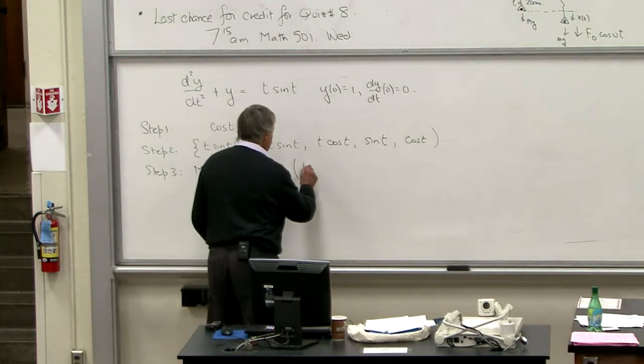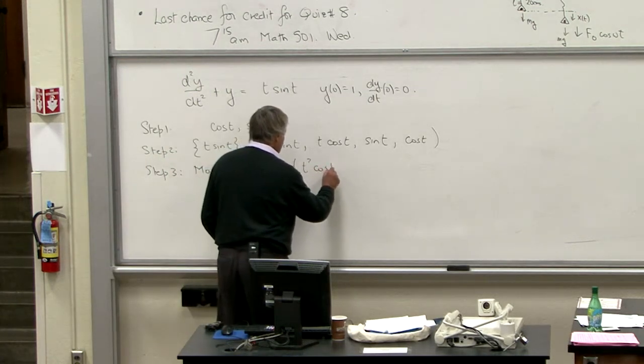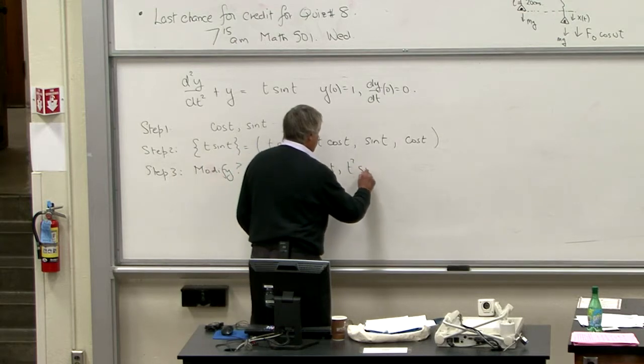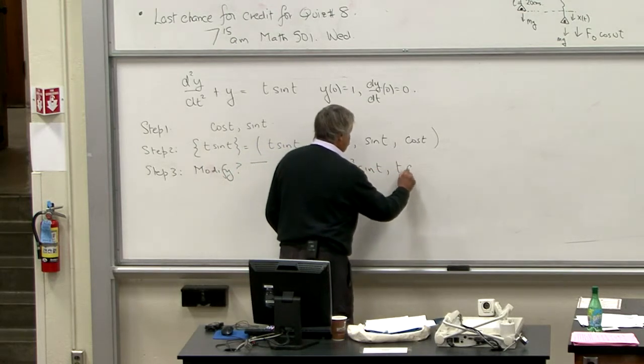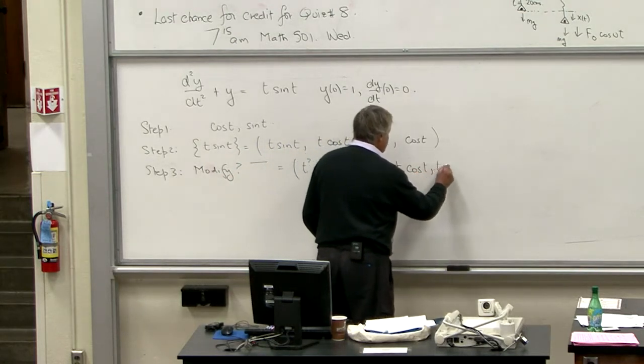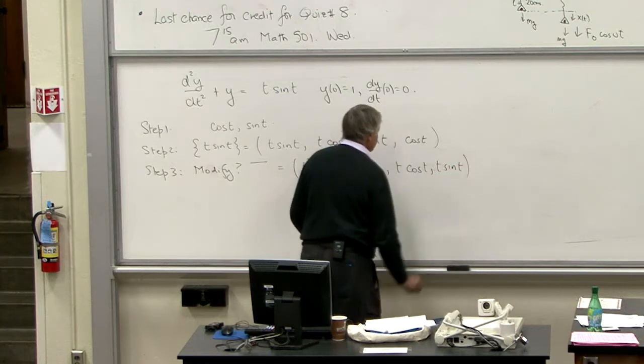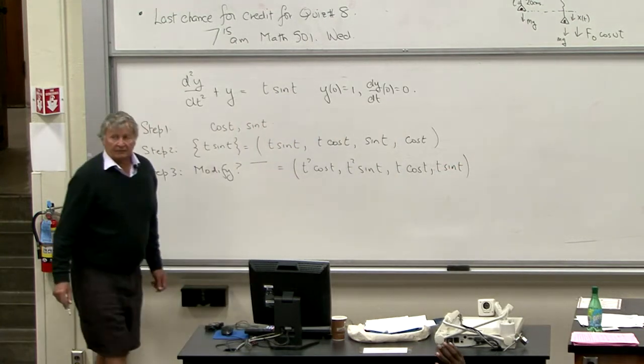So we'll get then t squared cos t, t squared sine t, t cos t, and t sine t. Okay.